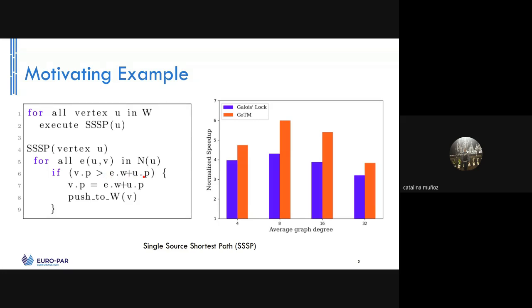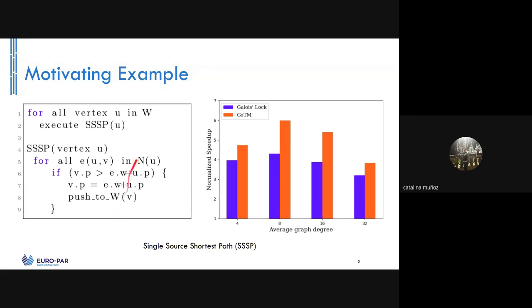So every time I update the value of a vertex, I push this vertex into the work list, and then another thread is going to begin a transaction by grabbing that vertex from the work list and executing the same function. So that is a way to propagate the message of the shortest path through all of the graph.